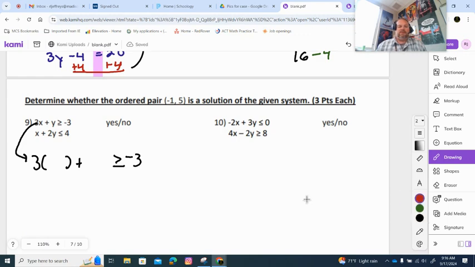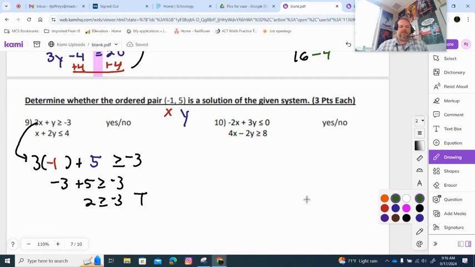So, this is x and this is y. So, -1 and 5. Okay, so this gives me -3 plus 5 greater than or equal to -3, 2. All right, so this is a true statement.